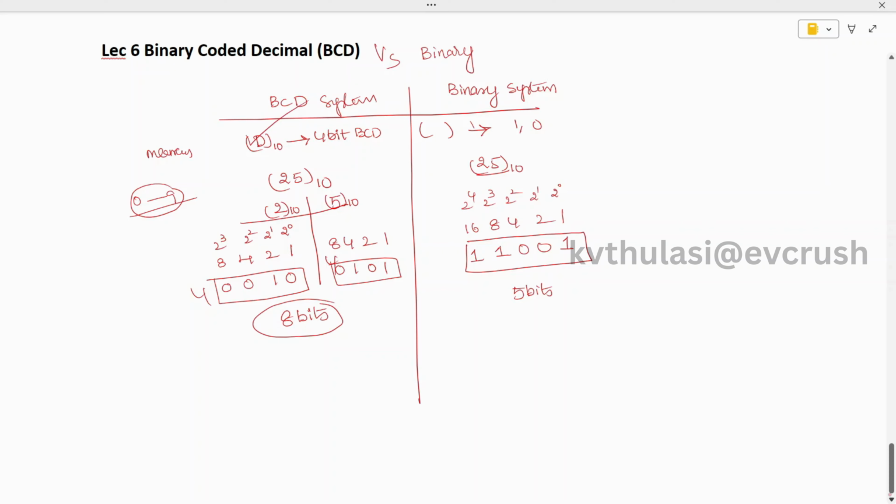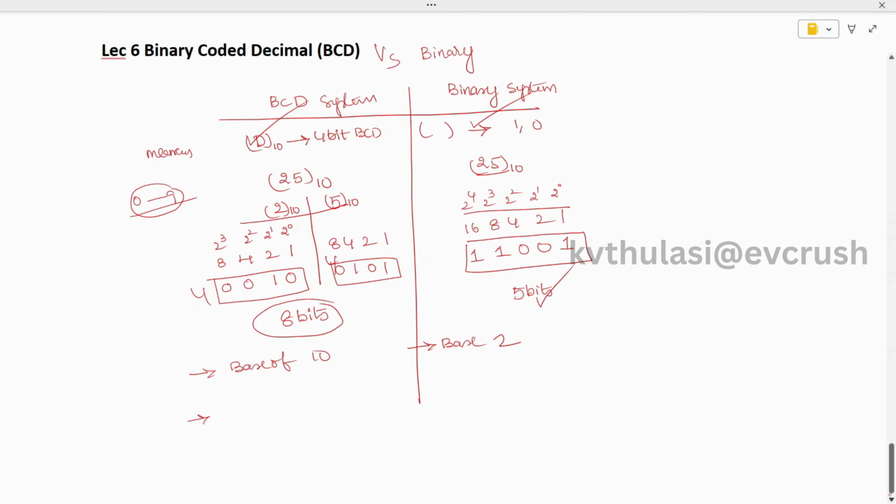Which is good, the BCD system or the binary system? The binary system is good, because it uses fewer bits. And here you can see the base: the base of the binary system is 2, but the base of BCD is 10.